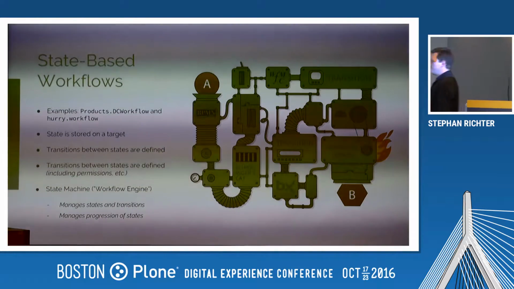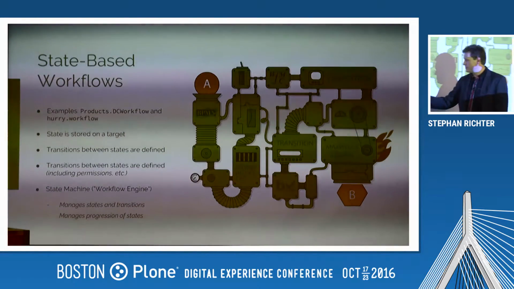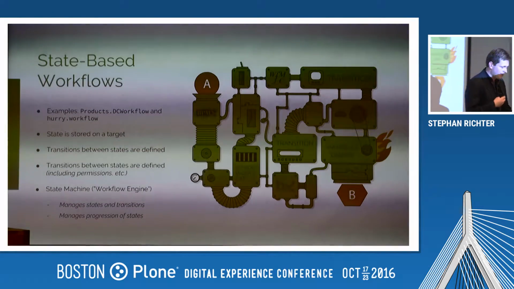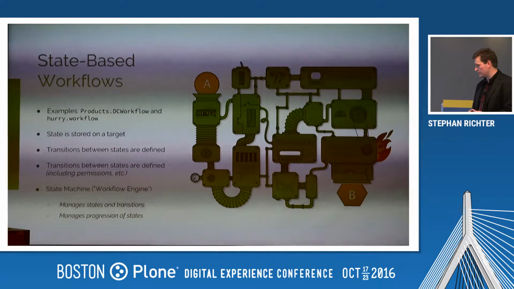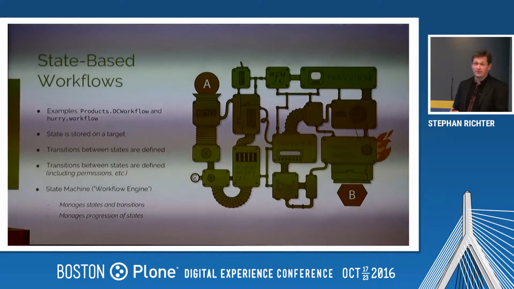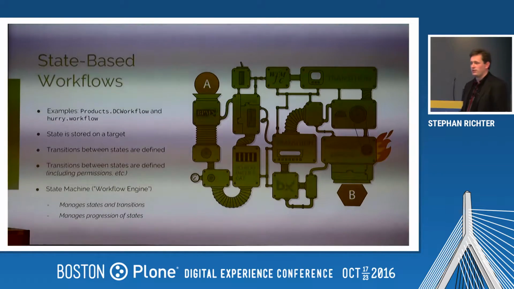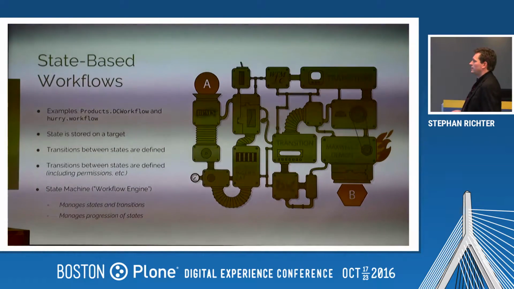So the state machine manages the state and the transitions and then the progression of the states and enforces the rules of the transitions, right? And it's very simple. I think hurry.workflow is only 150 lines of code, which really represents the core of such a state machine.